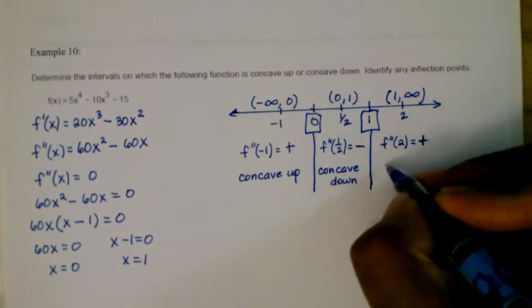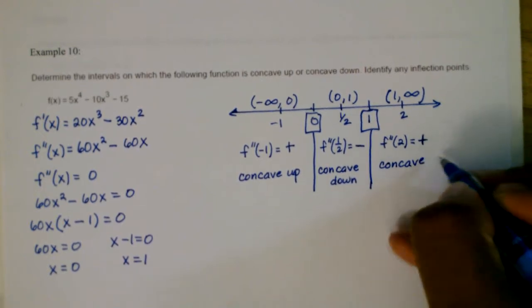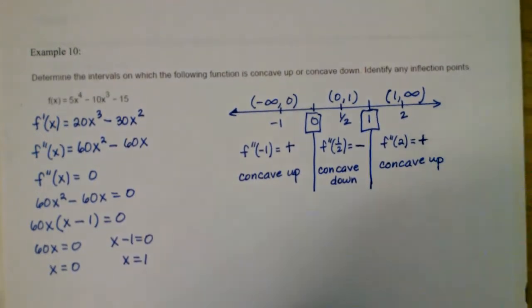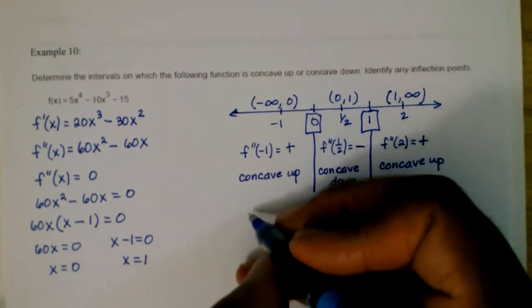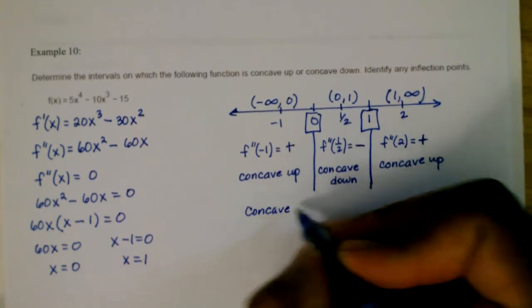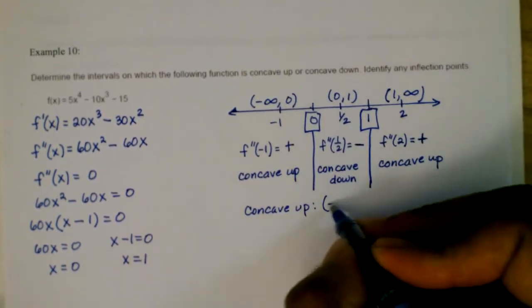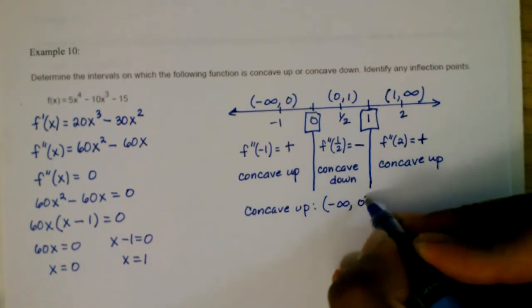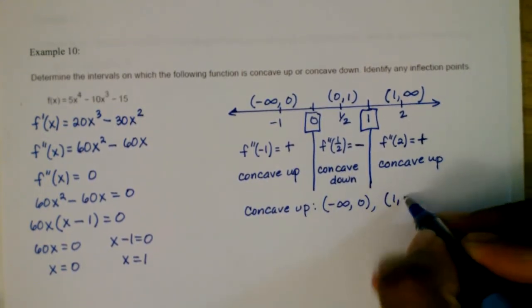So that means that the graph of the function will be concave up. So now I can identify the intervals where this function will be concave up. By looking at this, it's going to be concave up on the intervals negative infinity to 0 and concave up again from 1 to infinity.